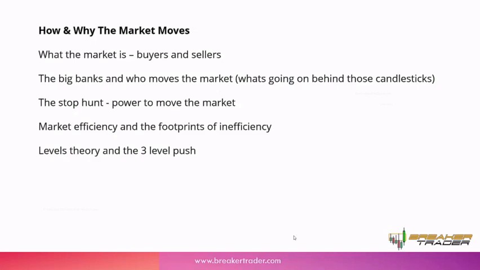And for price to be able to move up and down within that market, i.e. paint candles on your chart for a particular currency pair in this case, there needs to be an imbalance of buyers and sellers. So all the time that we've got happy buyers and sellers in the market, what you'll see price doing is moving like this, okay, as people are buying and selling and happy to conduct their business at that particular level.